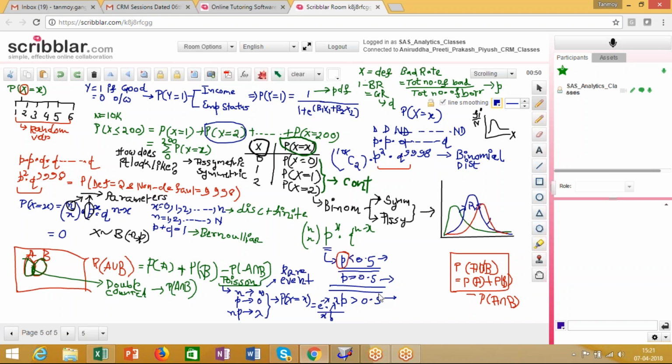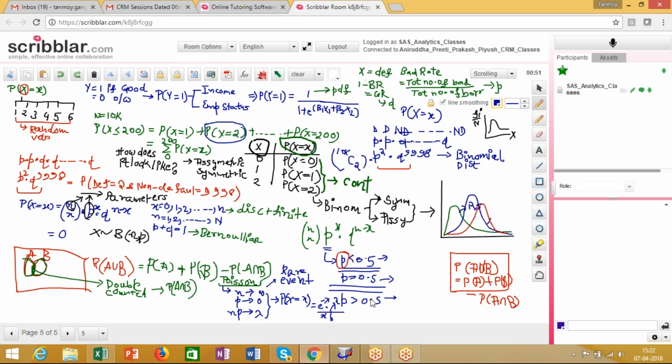It's not a symmetric distribution, but the interesting characteristic of the Poisson distribution is that its mean and variance are the same, so mean equals variance equals lambda. Clear? So n tends to infinity, p tends to 0, and np tends to lambda.